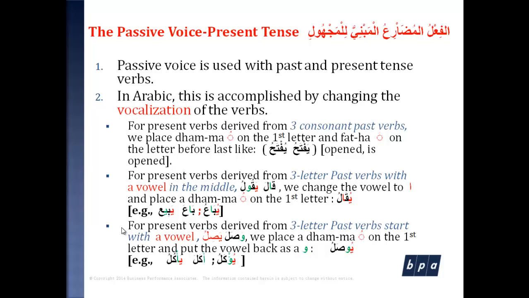So we put a ya and we change the accent on the letter before that. So whether it's a waw in this case, or an alif in the case of akala, they both become a waw in the passive tense, and we put a dhamma on the ya in the beginning.